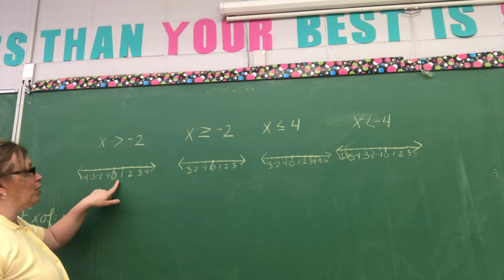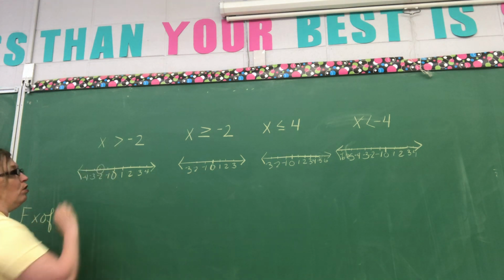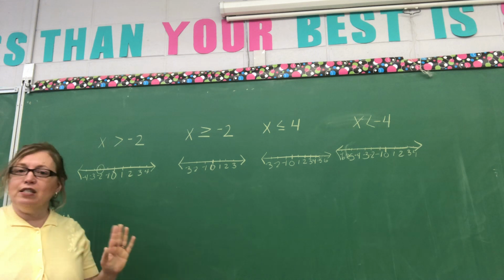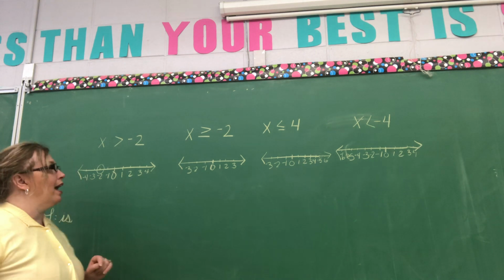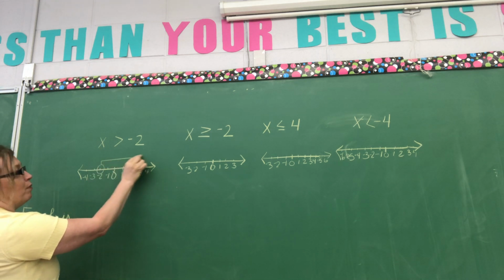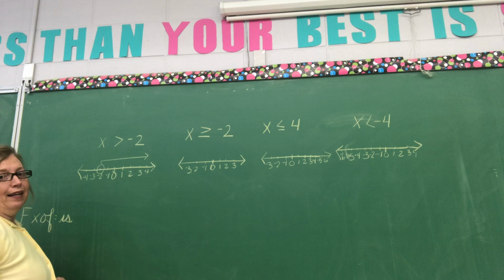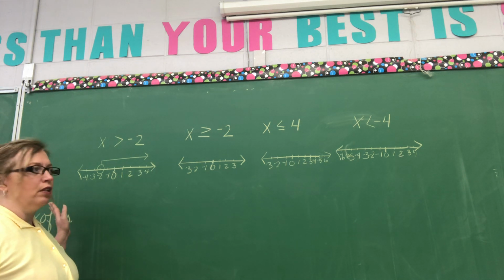So we would go to your number line and circle the negative 2 because it is not equal to negative 2. Since it's greater than negative 2, I'm going to go to the right. Now, if I had said that it was less than negative 2, my arrow would have gone to the left.